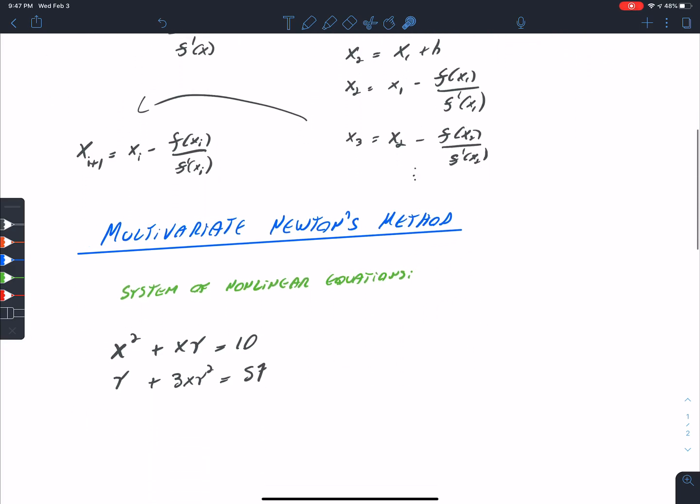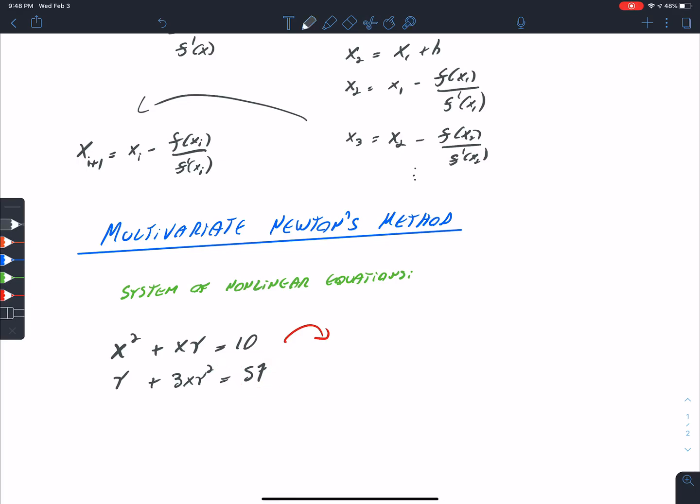One question that you may ask is, what do you mean crosses zero? We have something, it has to cross some other point here, not zero. Well, it's very simple to just rewrite this by moving the 10 to the side. So subtract 10 from both sides and subtract 57 from both sides of this equation.